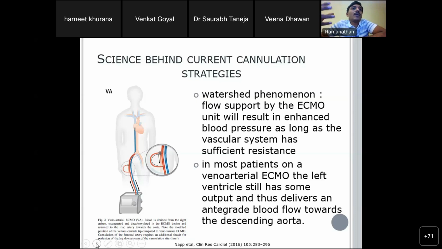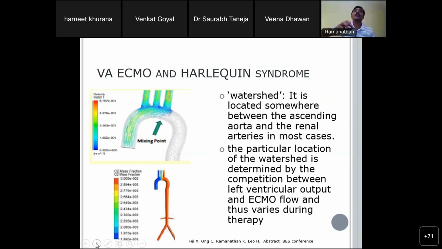So if the lungs are damaged and the heart is pumping out deoxygenated blood, you would have a mix of deoxygenated blood and oxygenated blood, which usually happens in the arch or the descending aorta, depending upon the performance of your heart, your myocardial function.